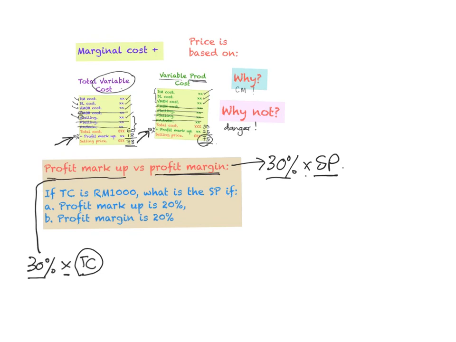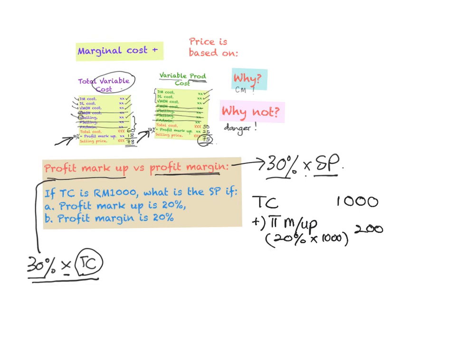We look at the first one. If the total cost is 1,000 and the profit markup is 20%, remember that for profit markup, we must multiply the percentage by the total cost. So here, plus the profit markup: 20% times 1,000, so you will have 200.